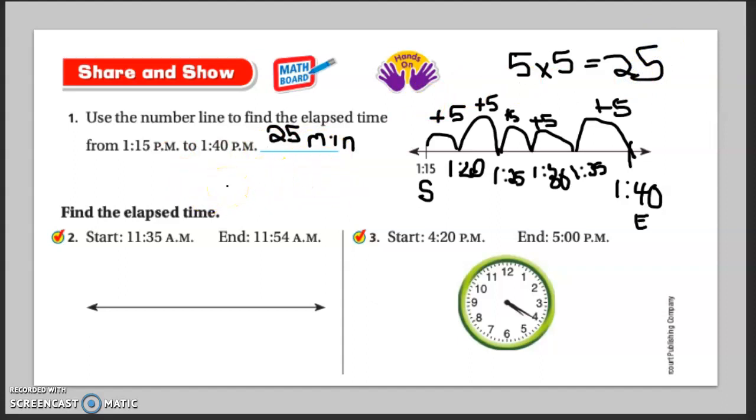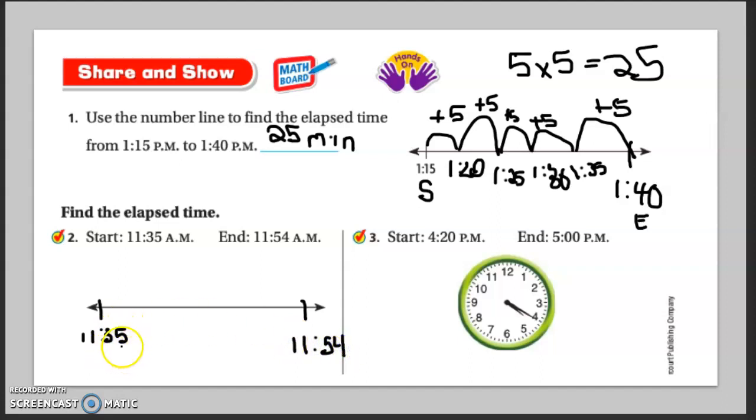Let's look at question number 2. So it says that the start time is at 11:35, end time 11:54. So again, on our number line, we're going to label the start time as 11:35. And we're going to also label our end time of 11:54. That way we know exactly where to stop.